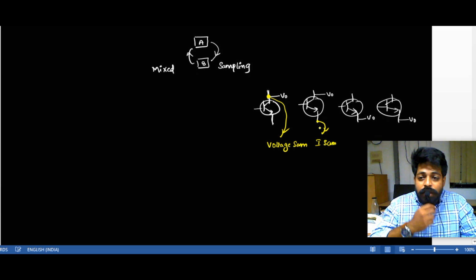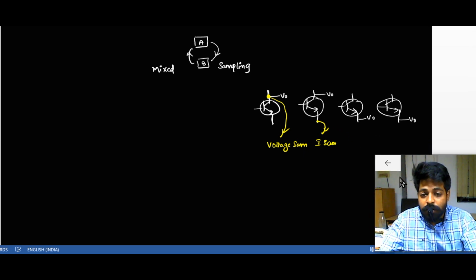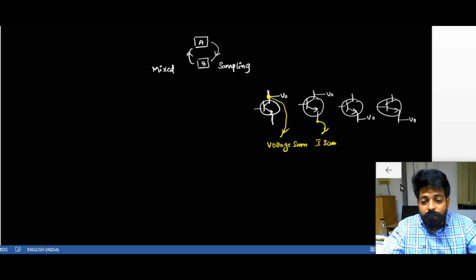This is just a general observation I'm trying to describe, with which most of the questions and most of the competitive exam problems can be solved. There is an electrical node across which we take the output. There is a possibility that I take my sample from the opposite node or from the same node.